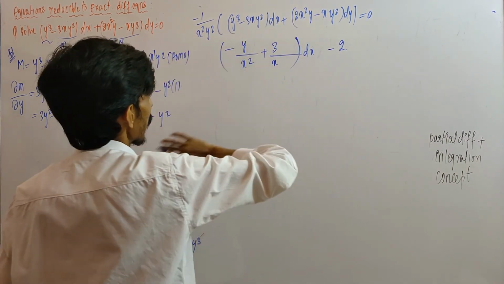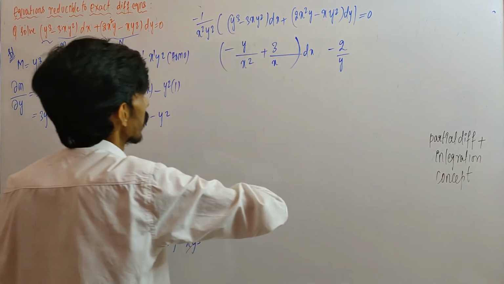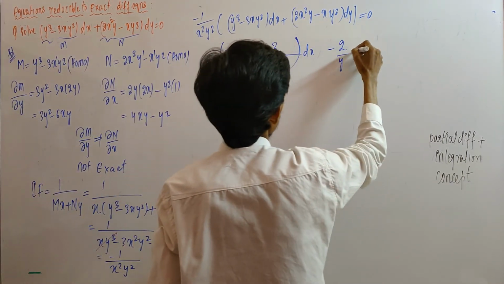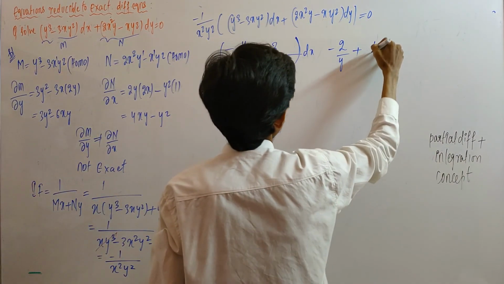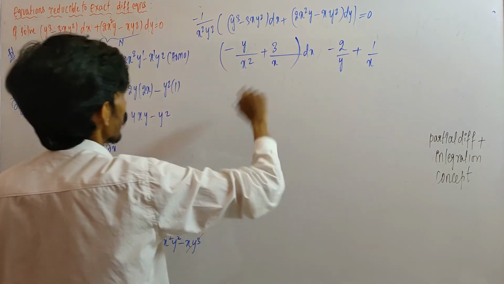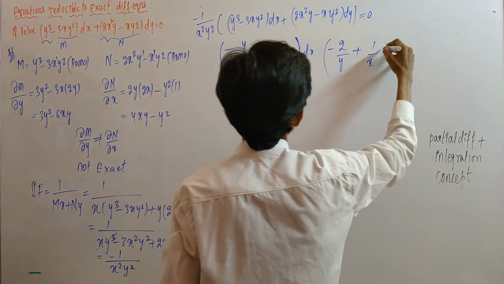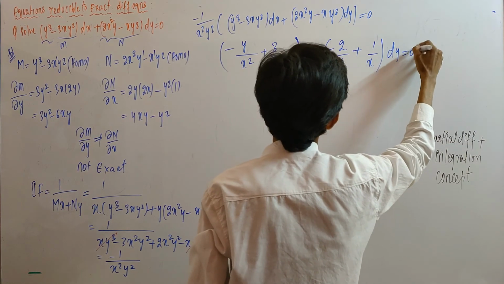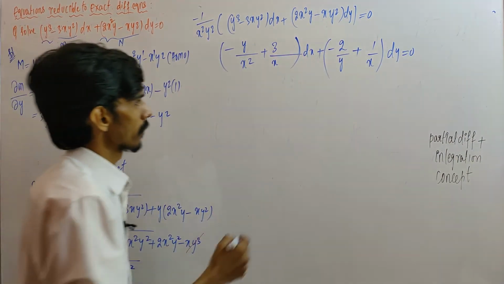Now minus into plus will become minus 2 x square gets cancelled. Y by y square, value is 2 by y. Now minus into minus will become plus x by x square is 1 by x. Y square by y square is cancelled. So here I have dy equal to 0. Now we got this equation.